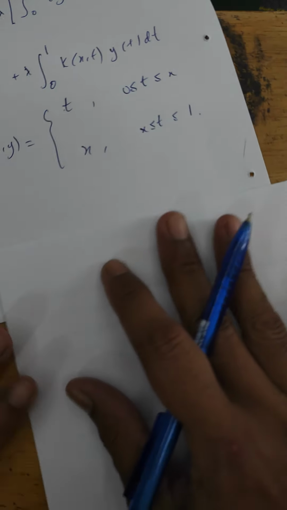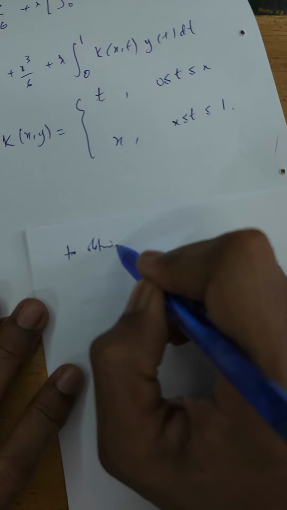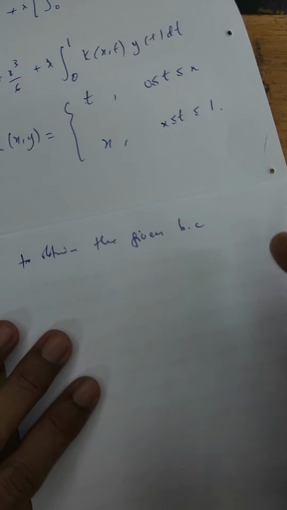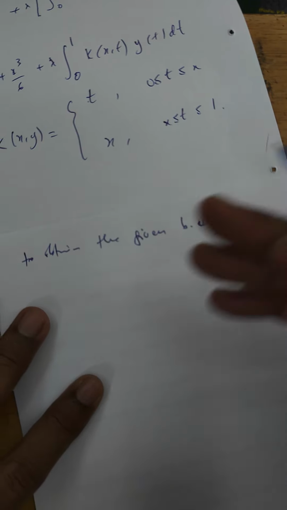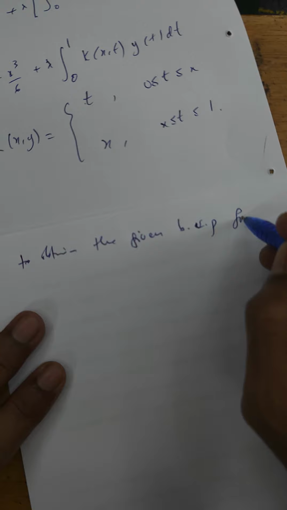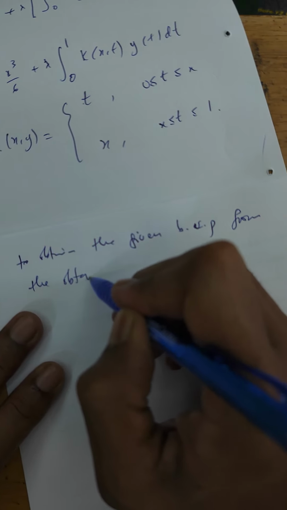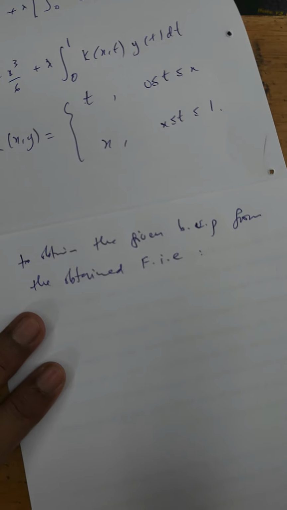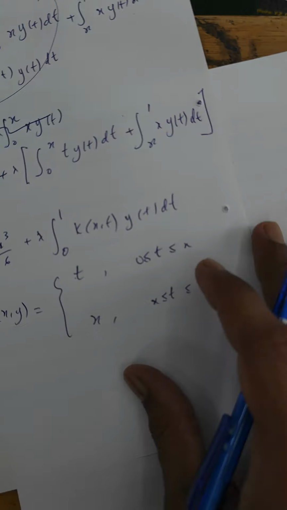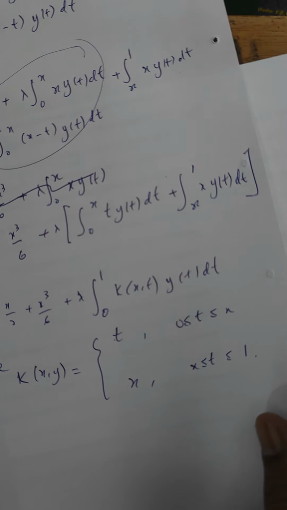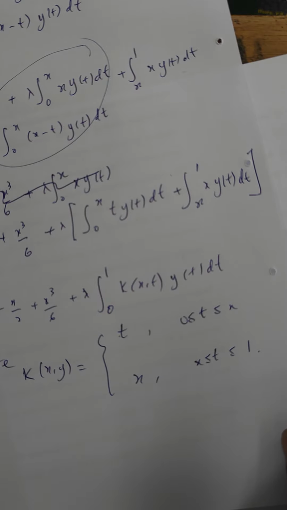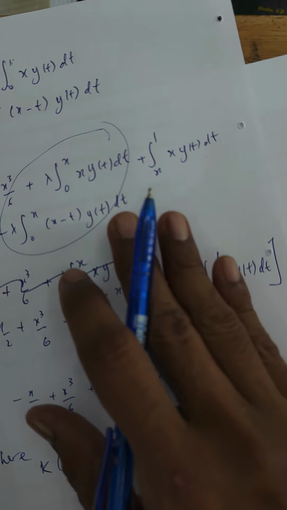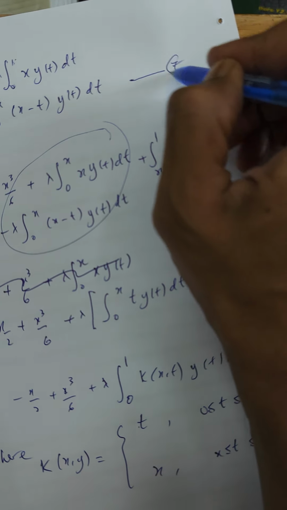Now to obtain the given boundary value problem from the obtained Fredholm integral equation, we do the following. So we have 6, we have 7. This is my 7.